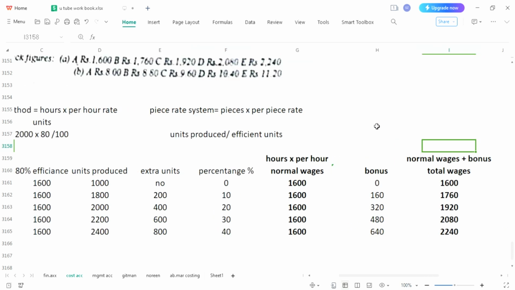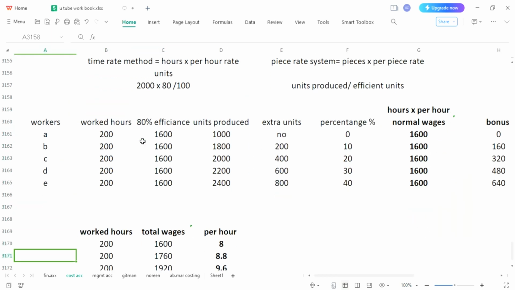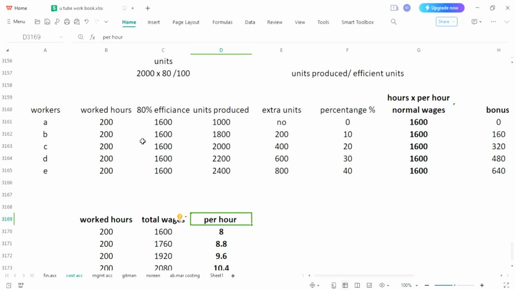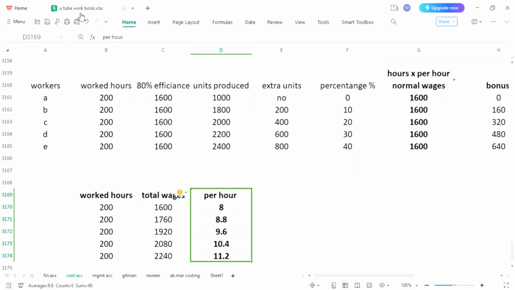Here you have your first answers, the total wages you have calculated. We are going to mark them as done: 1600, 1760, 1920, 2080, 2240. And the second answers we have recently calculated, we are going to mark them as completed as well.